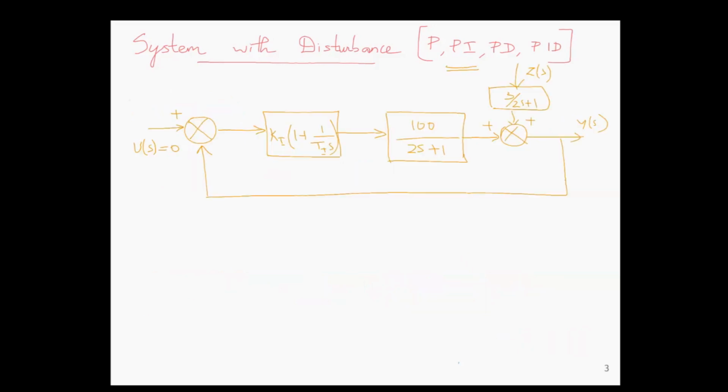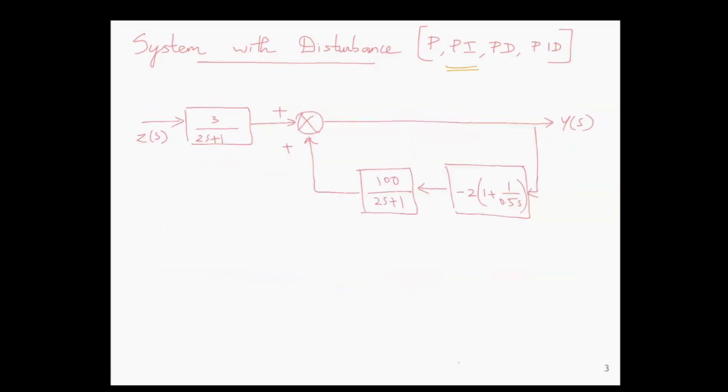So for the same system, with the open loop transfer function as 100 divided by 2s plus 1 and the disturbance model as 3 divided by 2s plus 1, for a step input of the disturbance, what happens at the output when we are using a PI controller? Here we are taking the value of ki equal to 2 and ti equal to 0.5. What will be the steady state error for a step input for the disturbance?